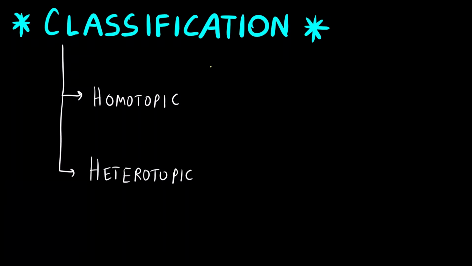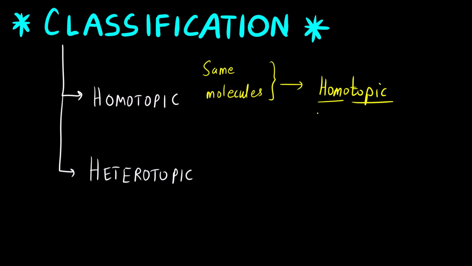If the molecules you get after replacement are the same or identical, then we say that the two groups or ligands are homotopic. Homo means same, and topic means place. So same place means they have the same stereochemical relationship. So we call them homotopic.